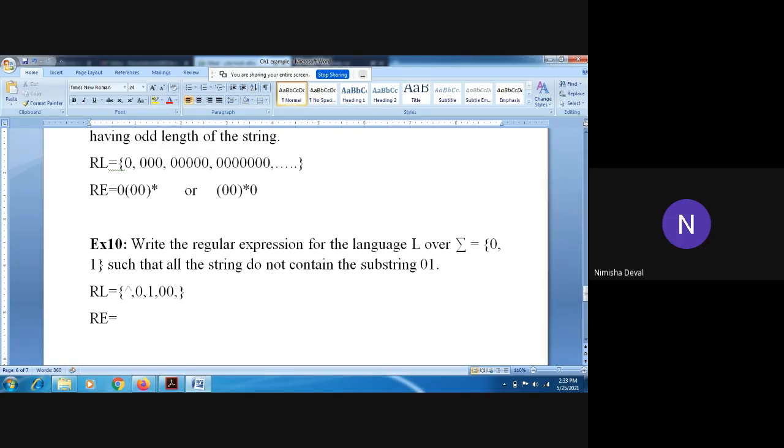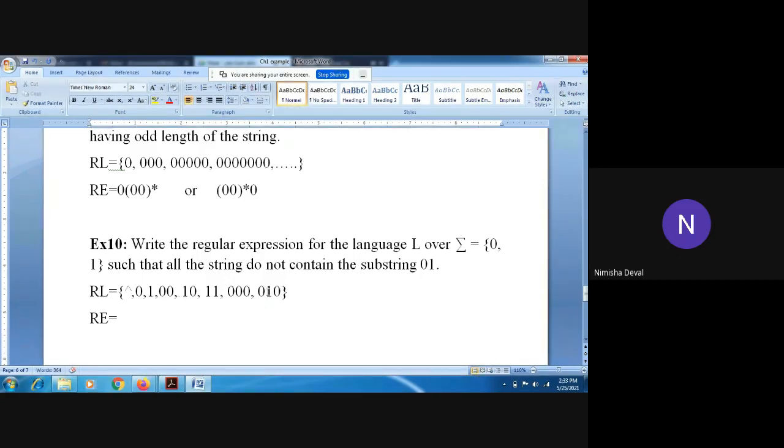0 0 is also allowed, 1 0 is allowed, 0 1 is not allowed because when they come together, it will act as a substring. Substring means a continuous part. So this string, 0 1, is not allowed. 1 1 is allowed. Then 0 0 0 is allowed. 0 1 0, now check.